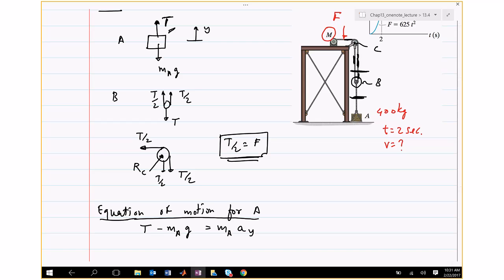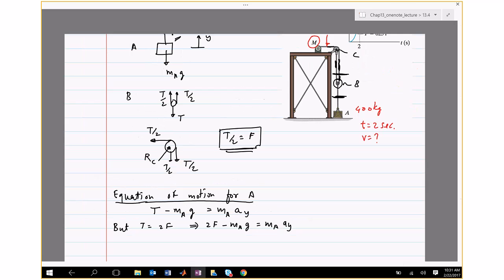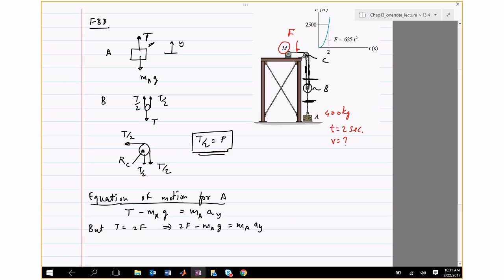But T is equal to 2 times F, so 2F minus m_A g equals m_A a_y. In this case, I know what F is. It's this plot. I know what mass is, what gravity is, so I can find a.